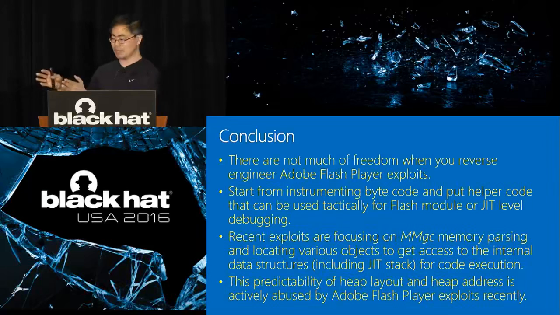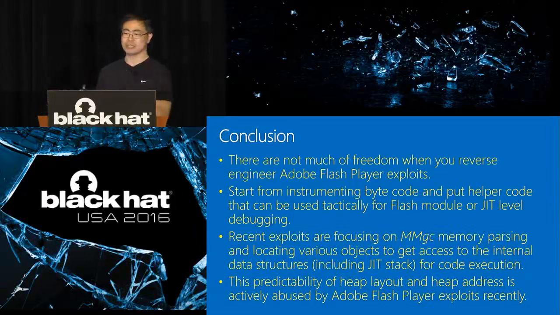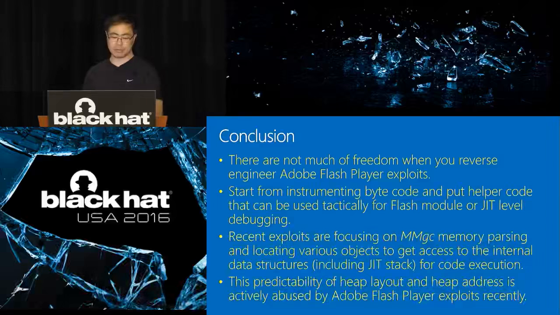Something is happening inside the JIT level, but it's just x86 assembly code, and you need to figure out how it relates to the bytecode level. In that case, bytecode instrumentation helps a lot, because you can put a helper function into a specific method you are interested in. Then you can use that as a kind of trigger or marker to debug into the native-level code.